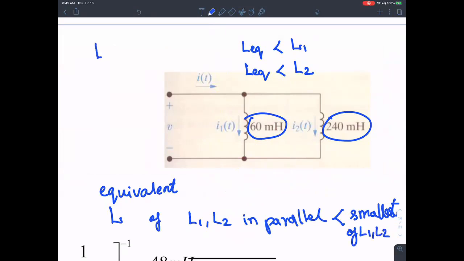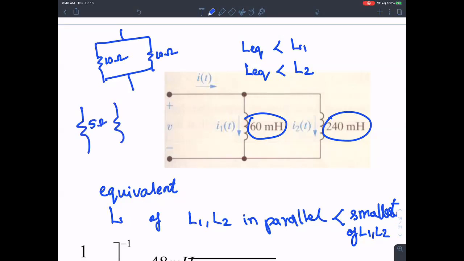Similarly, if you have 10 ohms and another 10 ohms connected over here, the equivalent of this parallel combination, you know for a fact, is less than either of those. If you have 5 ohms and 1 ohm in parallel, the equivalent is less than the lowest of the resistances.